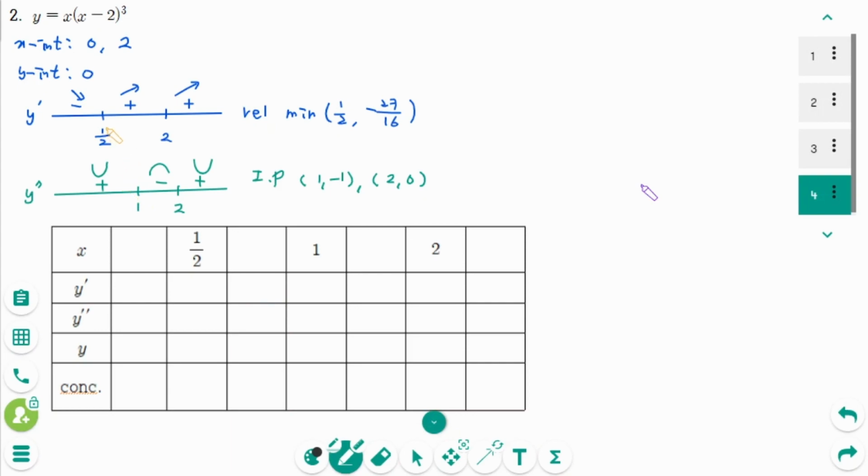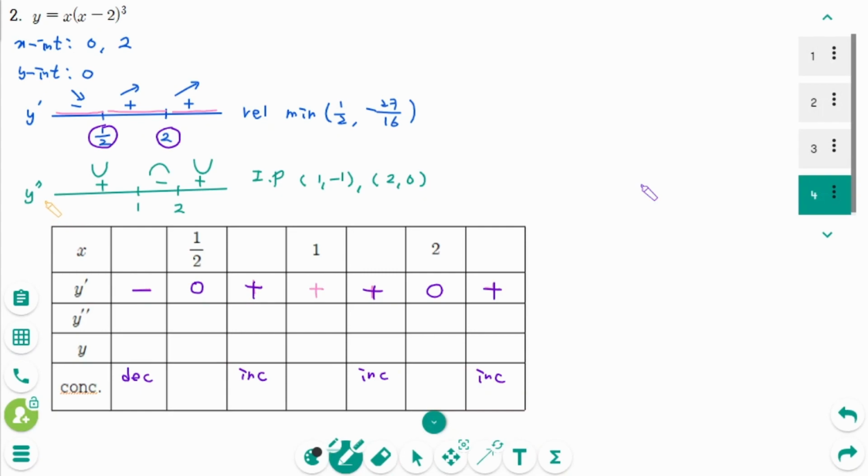y prime equals 0 when x equals 1 over 2 and 2, and this part is negative, between this part is positive, greater than 2 is positive. y prime is negative, that means decreasing, positive, this is increasing, positive, increasing.